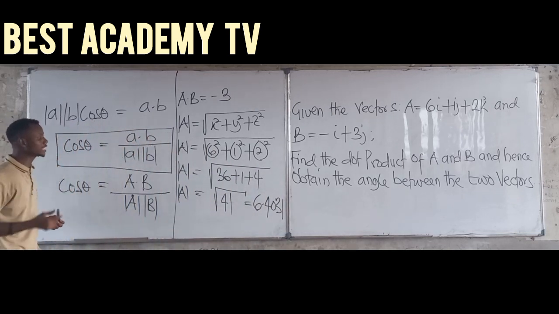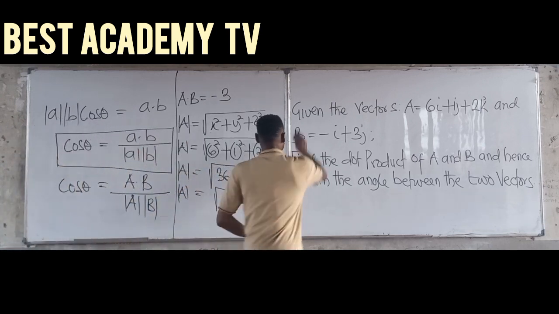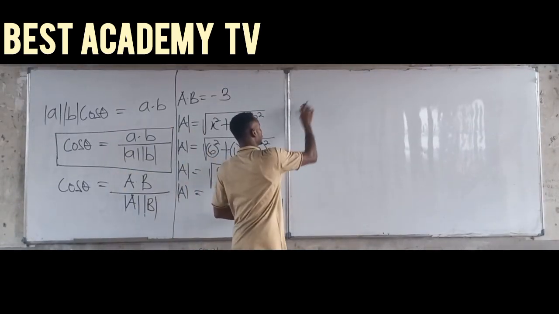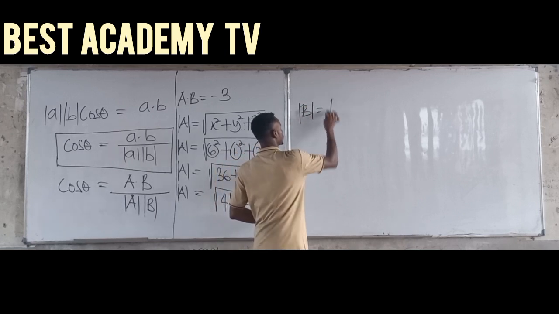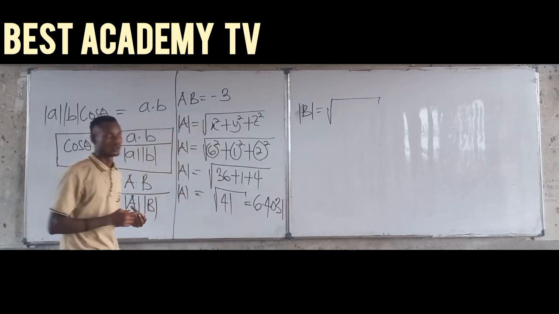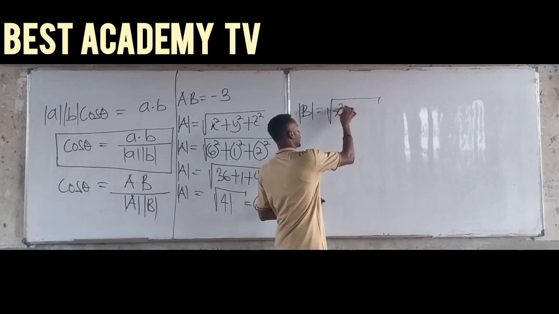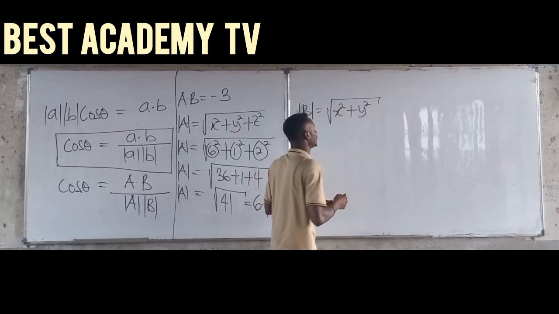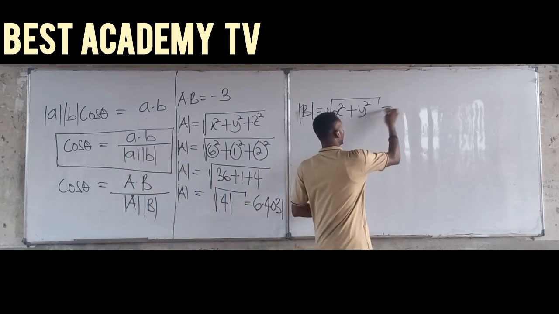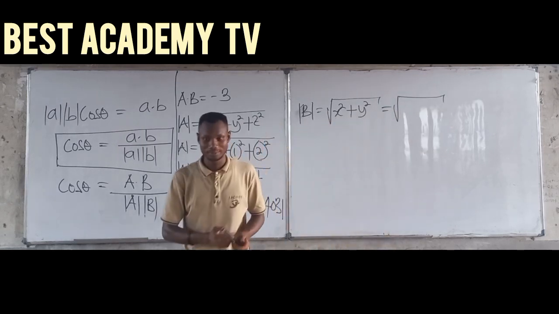The next thing here is to find the B magnitude. Please take note of this. So our B magnitude is said to be square root of. First of all, let's know the dimension. How many dimensions is it? 2, right? It's said to be x and y, right? So this will be x squared plus y squared, because we only have i and j. Please take it. So class, what is our i there, please class? -1. Look at what the question says.